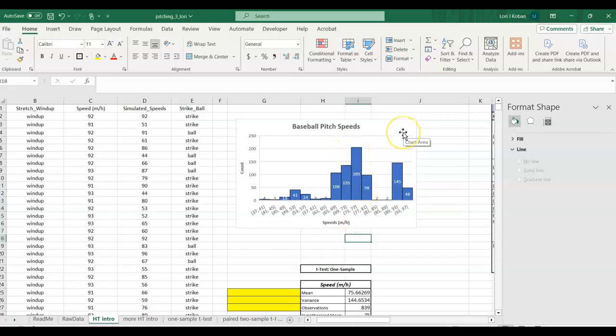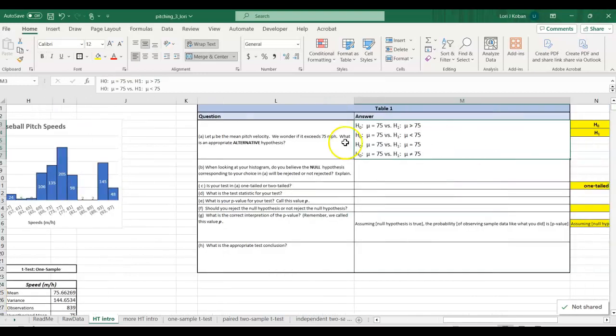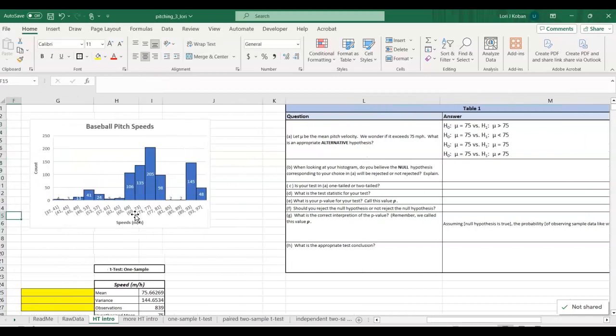Okay, we know that we should not be looking at this data set as a whole because there are definitely 3 different groups, and we're going to use that to motivate us in the future. But for right now, where we're just trying to get a handle on hypothesis testing, I say, we wonder if the mean pitch velocity exceeds 75 miles per hour.